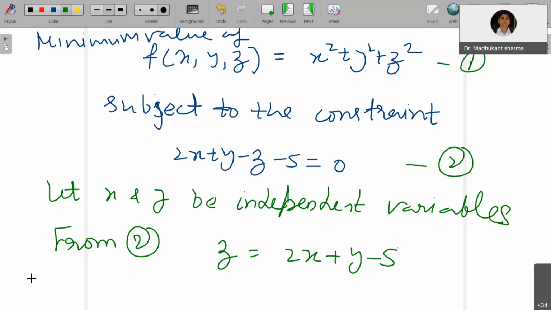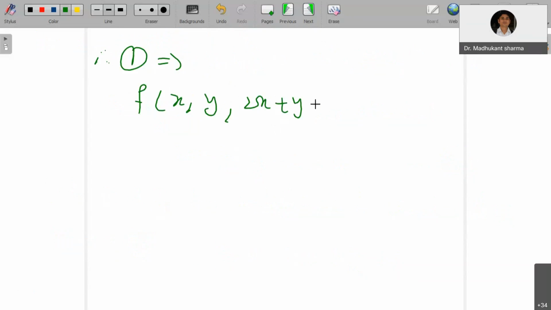And therefore, 1 implies f of x, y, z, where z is 2x plus y minus 5, equals x squared plus y squared plus z squared.